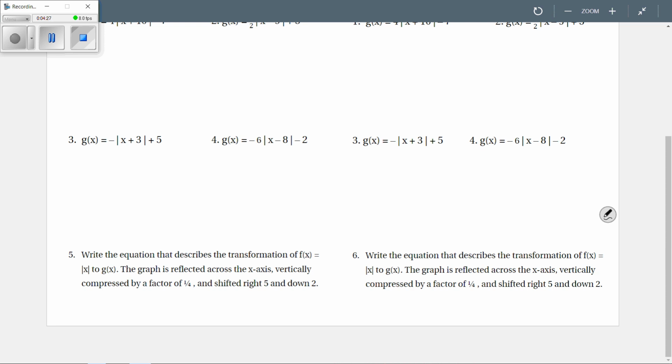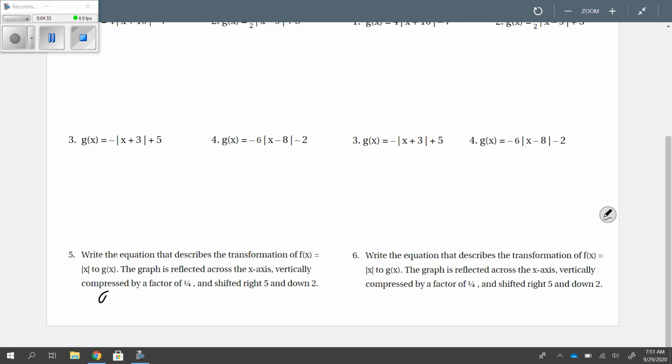So it said it's reflected across the x-axis. We look at our little cheat sheet. We know that means it's going to be on the outside. So we're going to do g of x, because that's what they asked, equals negative. All right, negative, it's on the outside. Then we write our absolute value. Sorry, actually we won't write the absolute value yet because we have to compress it by a factor of 1/4, and that's on the outside.